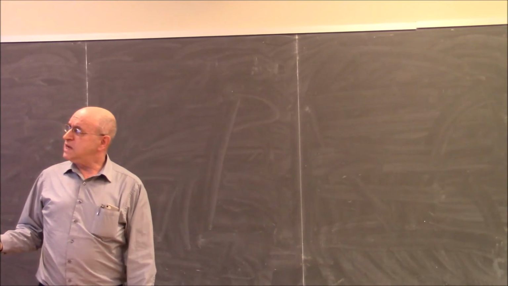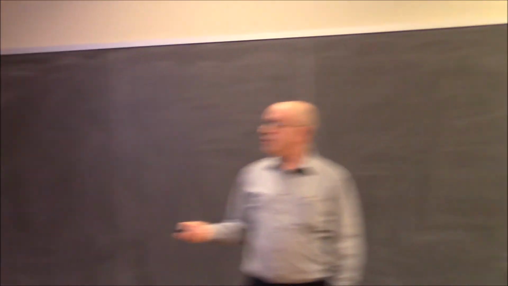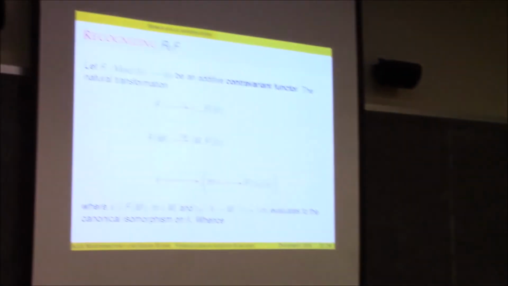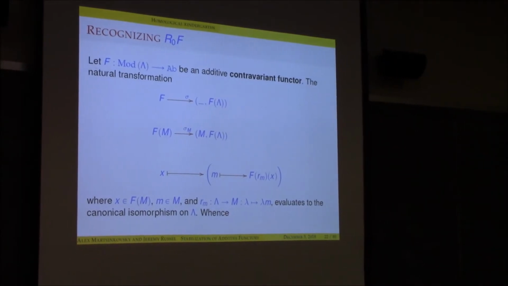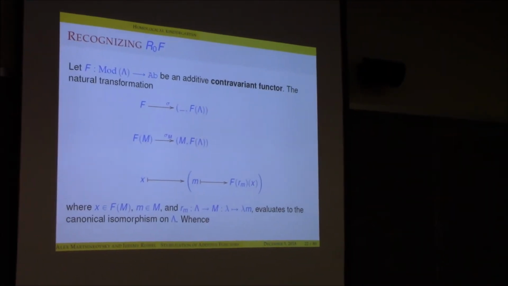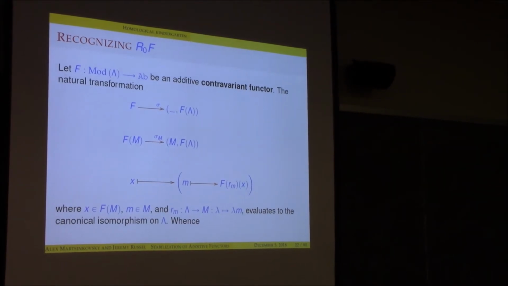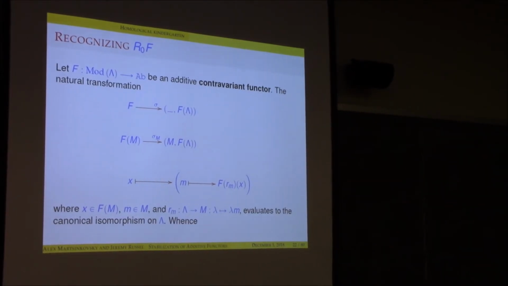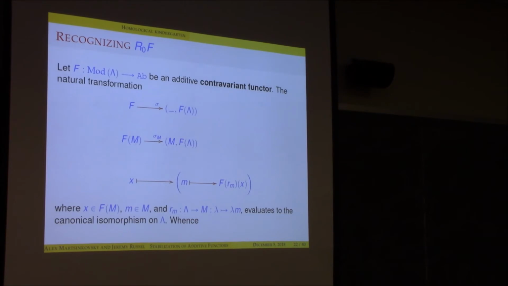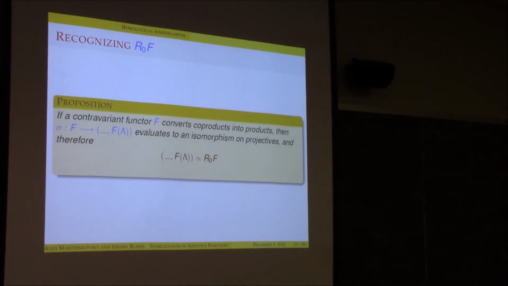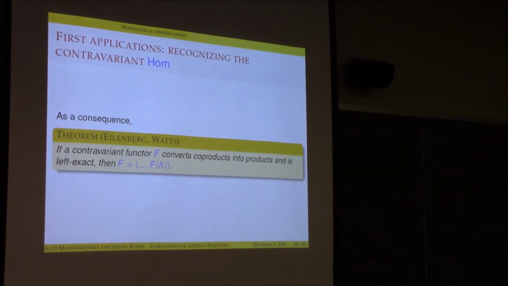Well, you can play a similar game for a contravariant functor. I don't want to bother you with this notation and these maps. It's pretty much the same idea. What actually is at play here is the adjunction between the tensor product and the Hom. And this way we recover the second theorem of Eilenberg.